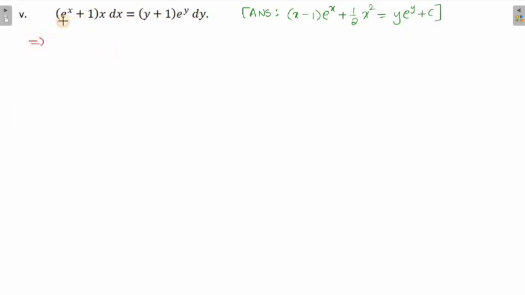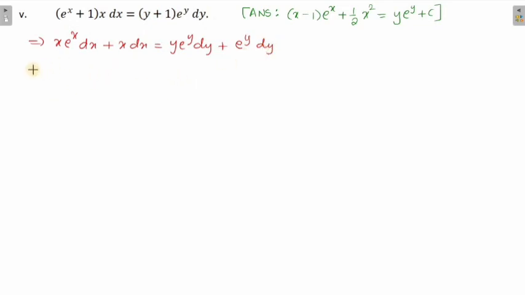Then we have x e to the power x plus x dx, plus x dx is equal to y e to the power y dy plus e to the power y dy. Now we just need to integrate.